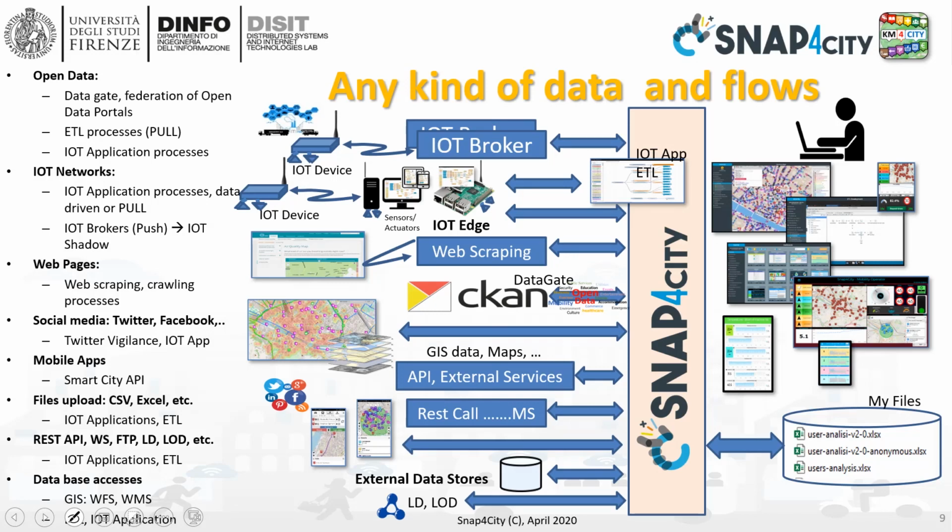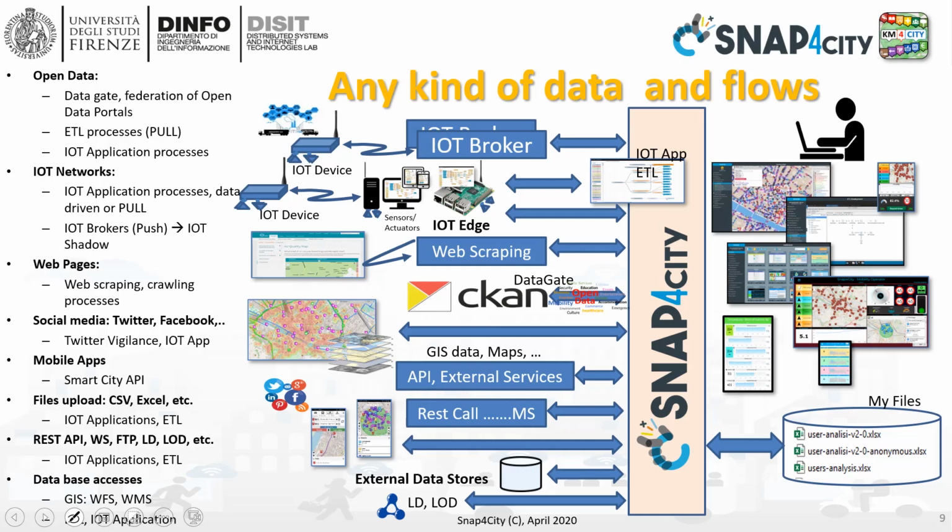You see the connection to the brokers, the connection to the IoT edge devices, the possibility of web scraping, the possibility of connecting Snap4City with the CKAN to collect and publish open data automatically, the possibility to connect Snap4City with GIS sources and also to publish GIS information, the possibility to interact with any kind of external APIs you may need to exploit, the possibility to access the REST calls or to connect Snap4City with the mobile app, to access external and internal data stores, and also to access linked data, linked open data.